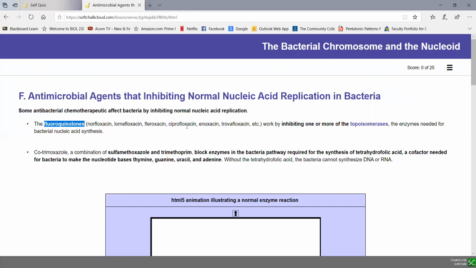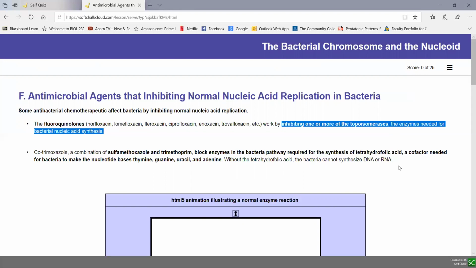For example, one common brand of antibiotic is Cipro, which is actually ciprofloxacin. Well, all of these antibiotics work because they inhibit one or more of the topoisomerase enzymes that bacteria need to supercoil and uncoil their DNA during DNA replication and during transcription. So by interfering with those topoisomerase enzymes, they block nucleic acid synthesis.